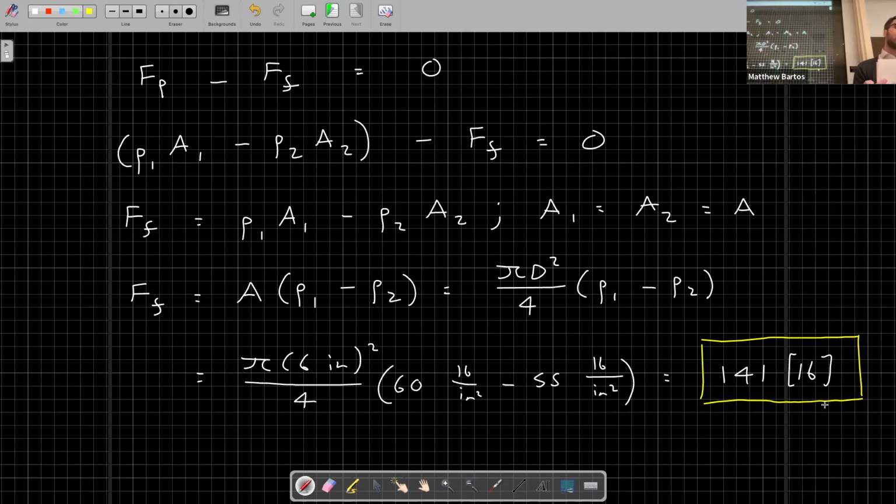How can we find the energy loss due to friction from this frictional force that we computed? So we have the force exerted by the friction of the pipe. How can we compute the energy loss that's associated with that frictional force over the length of the pipe? Think back to physics.